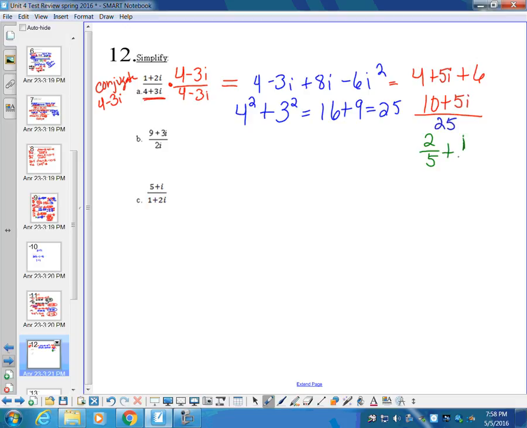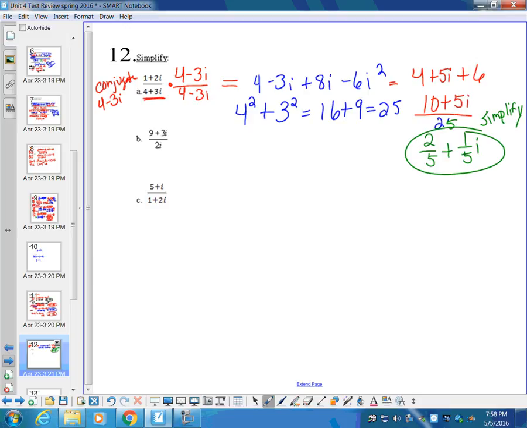Or 1, let's just do 1 over, let me erase. 1 over 5i. Oops, I erased 25. So don't forget to simplify when you get to that point. So 2/5 plus 1/5 i.